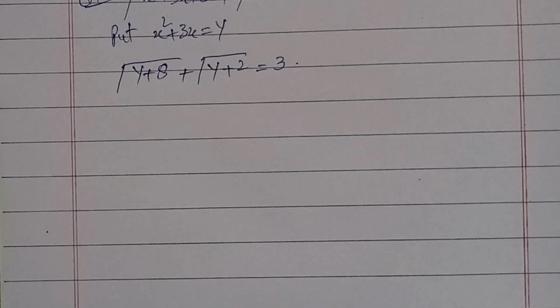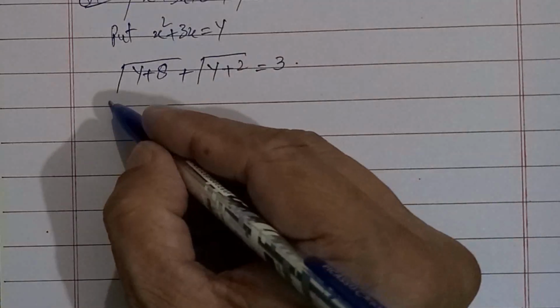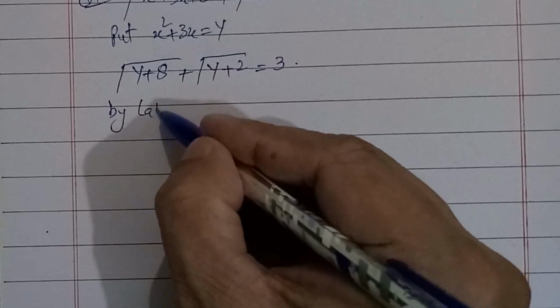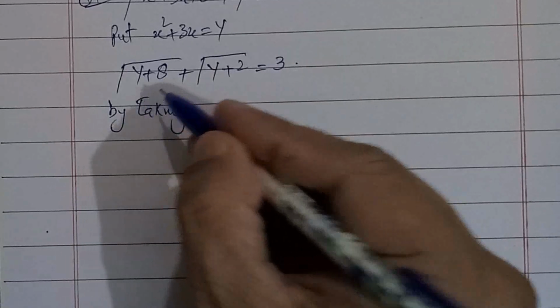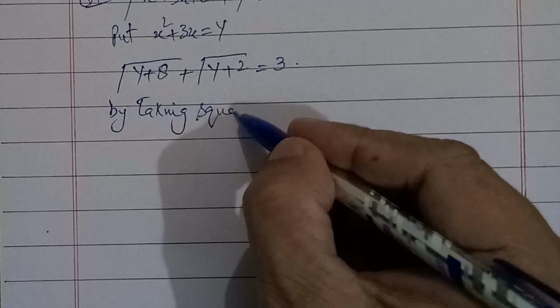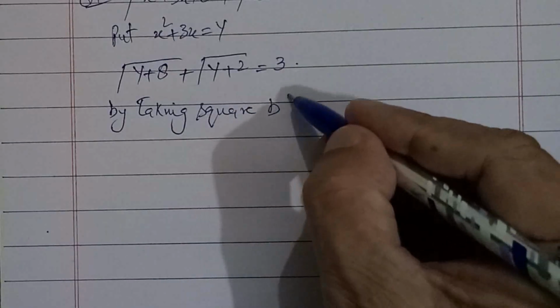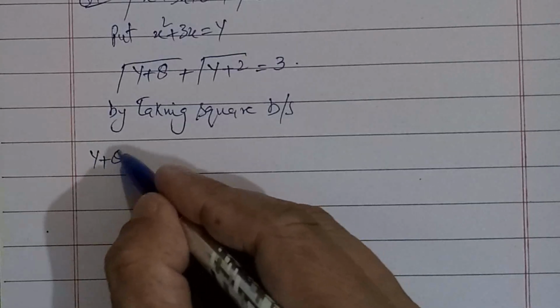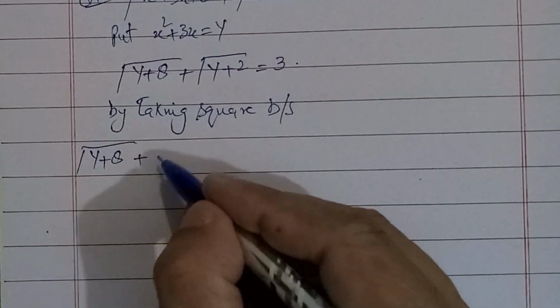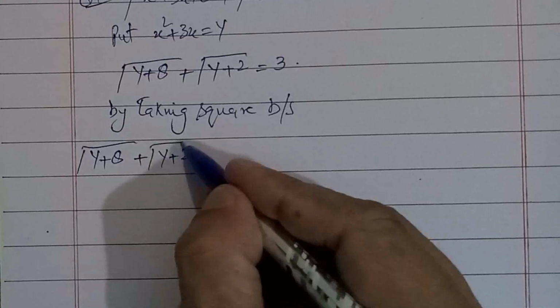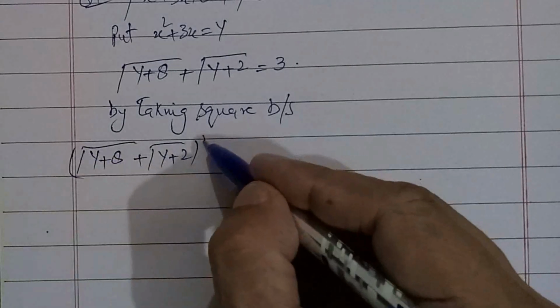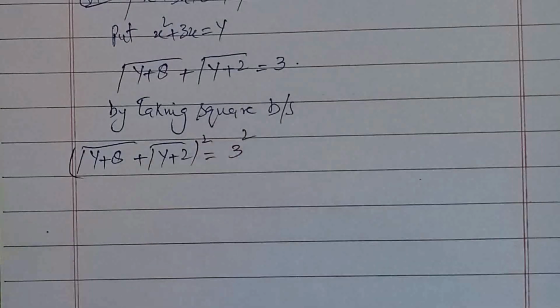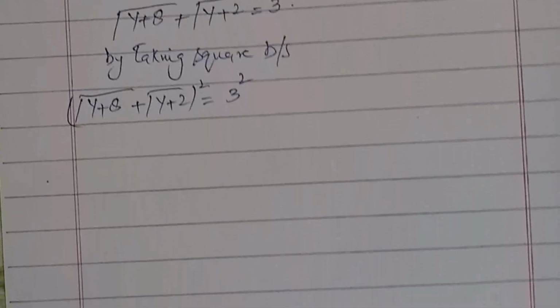So by squaring both sides, we get (square root of y plus 8 plus square root of y plus 2) whole square is equal to 3 square. Now we simplify these values.